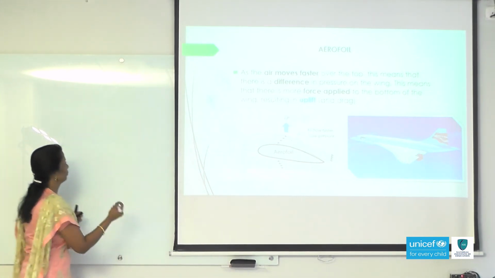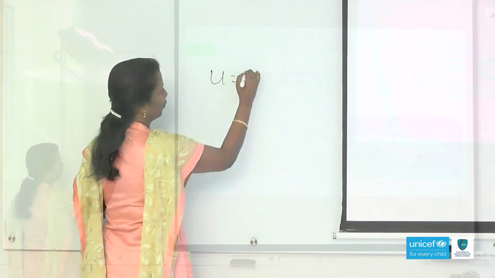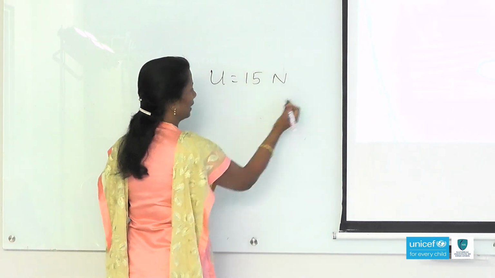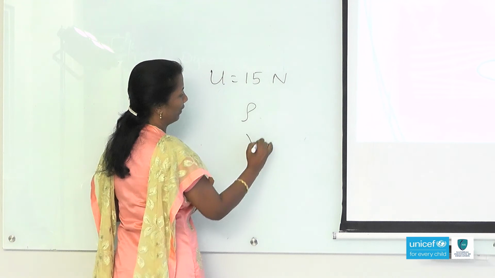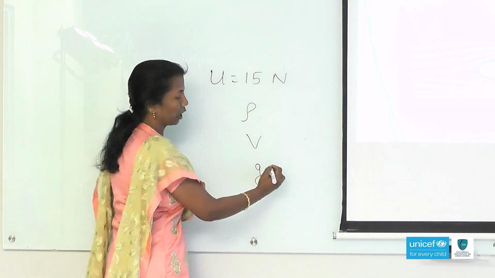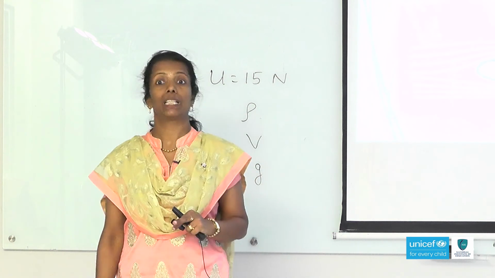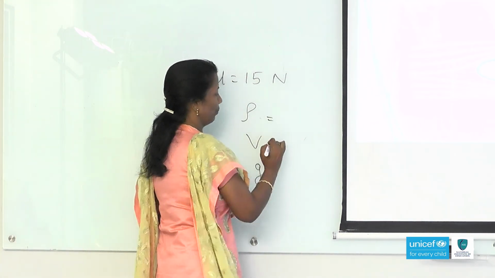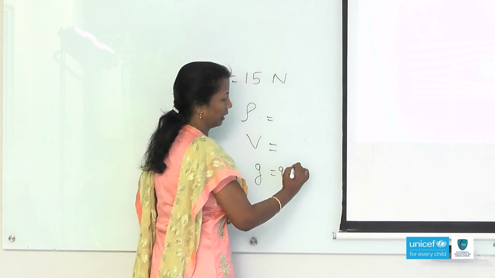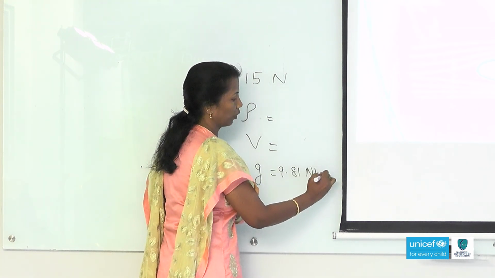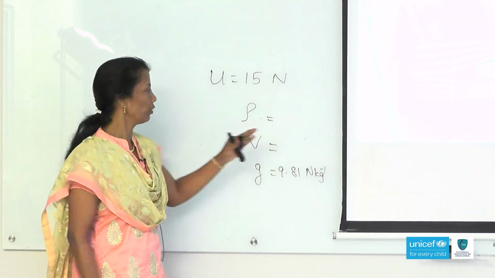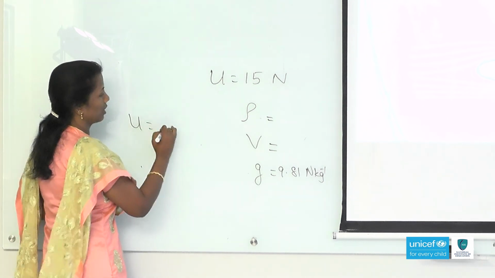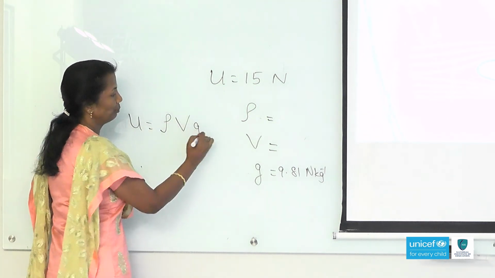For example, show that upthrust is equal to 15 Newton, and the data of rho and V are given, and of course g will not be given in the question, but it is there in the formula sheet. So rho is given, V is given, g of course you know is 9.81 Newton per kilogram. So you would choose the correct formula, upthrust is equal to rho V g.